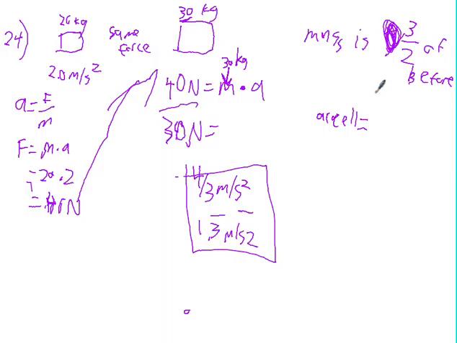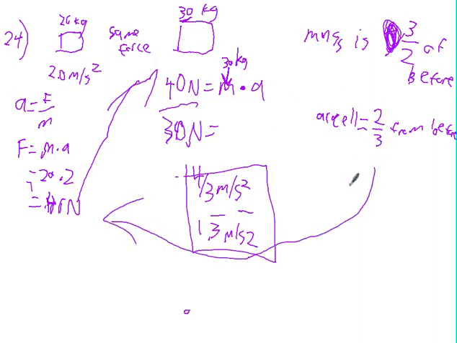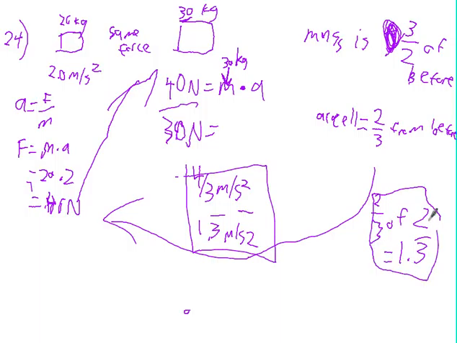So if mass is 3/2, that means acceleration is 2/3 from before. Yep, because they flip-flop. So 2/3 of 2 equals 1.3. I don't care how you do it, both are great.